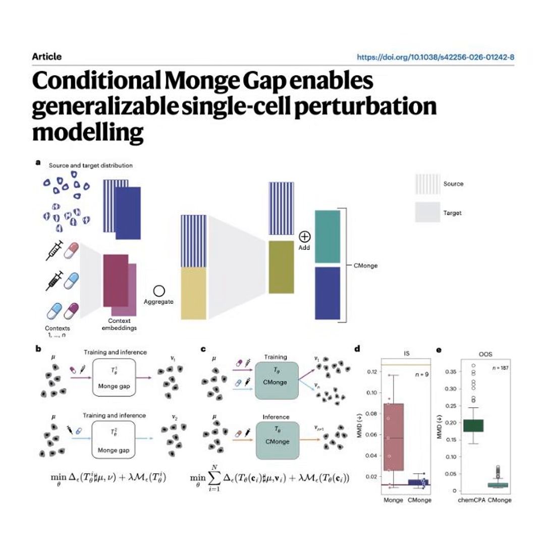Right, so let's say drug A at 10,000 nanomolar causes the cell to undergo extreme stress and trigger apoptosis, which is cell death. Right. Drug B might trigger that exact same cell death pathway, but at only 1,000 nanomolar. Because CMonge sees everything at once, it learns the universal biological concept of the apoptosis pathway. It isn't a blurry average. It's a deeper structural understanding of cellular mechanics that an isolated model simply can't see.